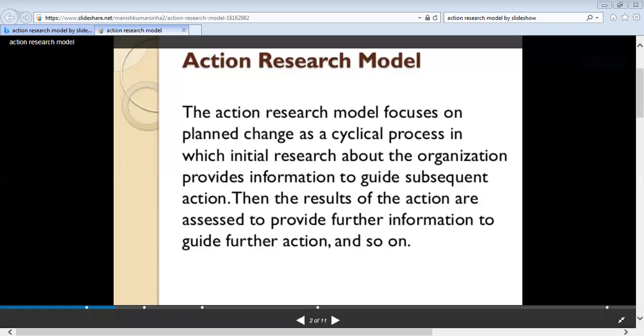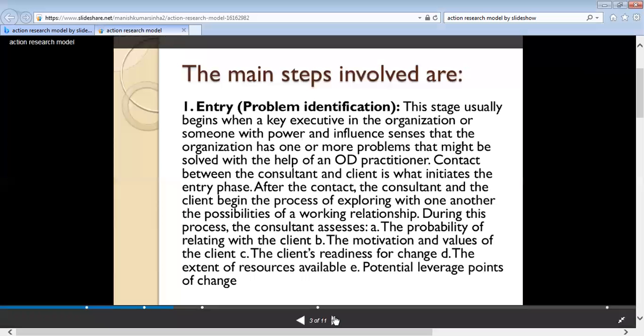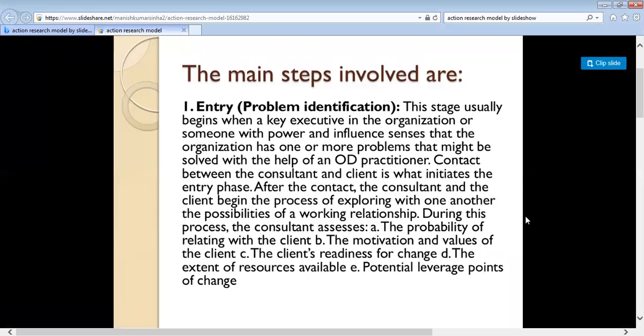We can see from the slide that the first step is entry. We can also say it is problem identification. This stage usually begins when a key executive in the organization or someone with power and influence senses that the organization has one or more problems that might be solved with the help of an OD practitioner.